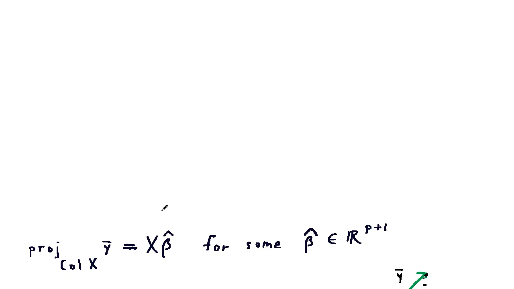The reason is that the projection is a linear combination of the columns of X, and beta hat represents the weights for that linear combination.